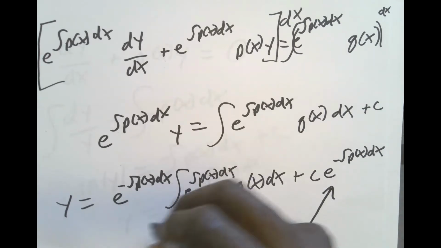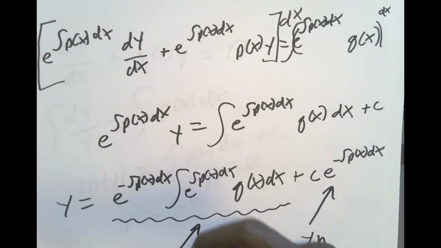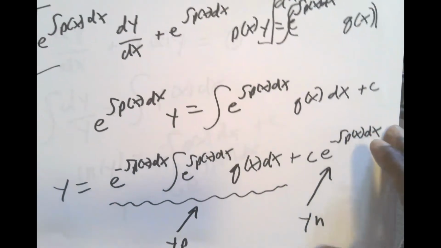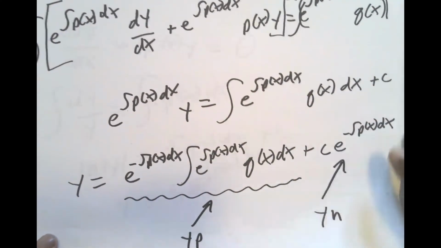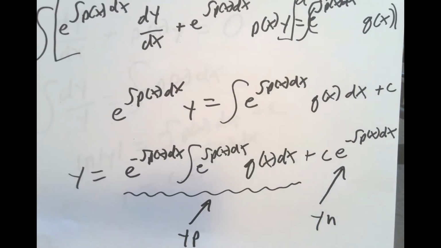And all of this is called the particular solution, which sometimes you see written as y of p. But we don't have to worry about doing each of them. I don't have to solve a homogeneous equation and then solve the whole thing, because when I do this integrating factor process, it's going to give me both of these. I hope that made sense.